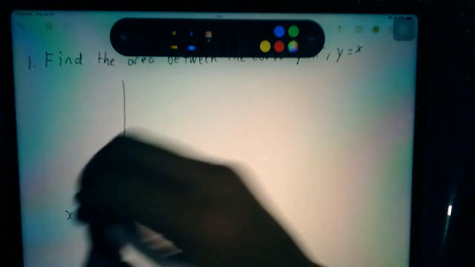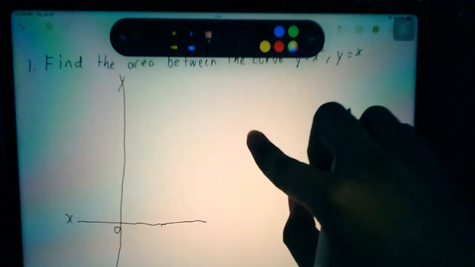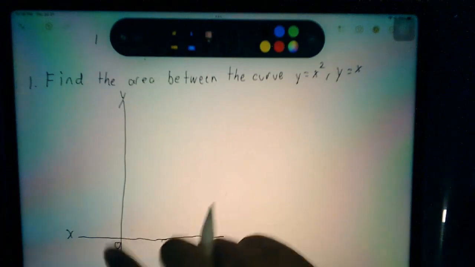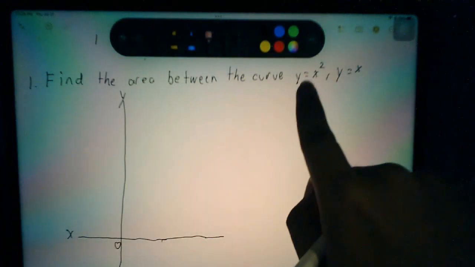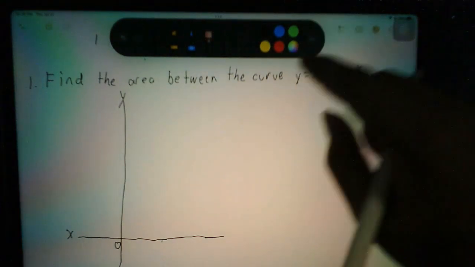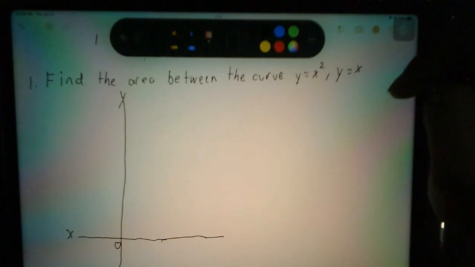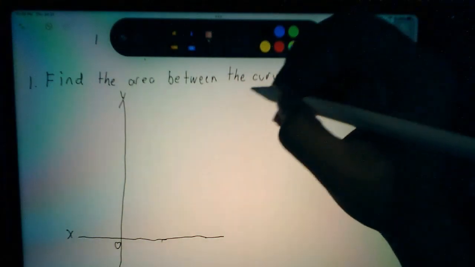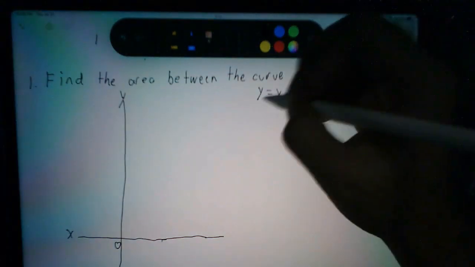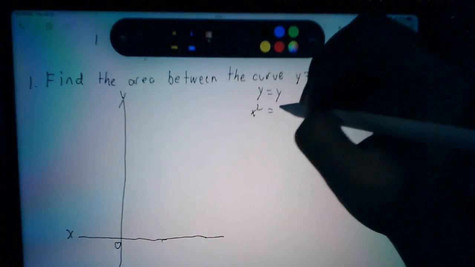This is our x, 0 is our origin, and this is our y. We don't know the points of this line or curve. So what we will do now is equate y to y, so it is just x squared equals x.